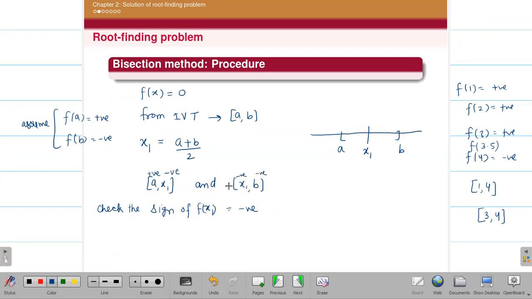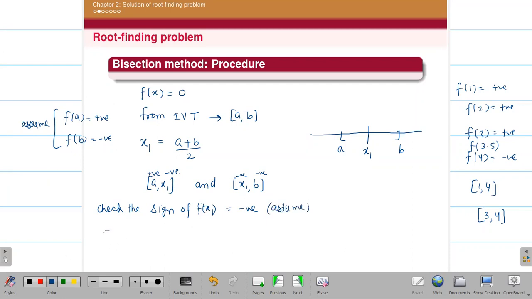So you are getting the same sign in this interval and the opposite sign in this interval. So f of A is positive, f of x1 is negative. Here you will always choose the opposite sign interval, because from the IVT again, if I apply the IVT to this interval, I will get the root in this interval only, because these give you opposite signs. This negative I have assumed only.